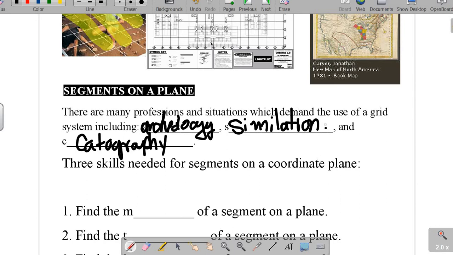So archaeology, simulations, different kinds of grid system simulations, and cartography.